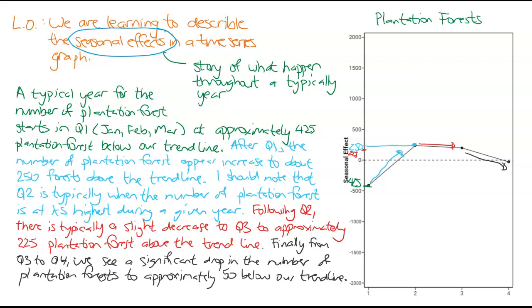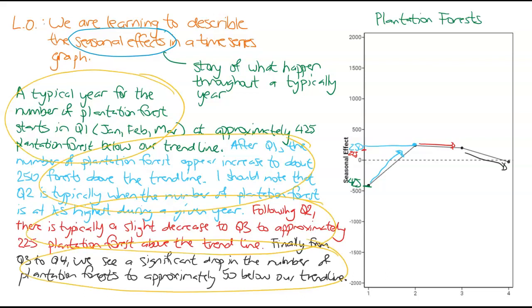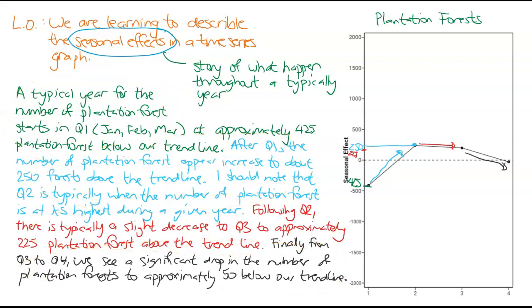So what we've done here is we've got four parts to our conversation. One relates to quarter 1, then quarter 2, then quarter 3, and finally quarter 4. And that narrates what's happening. In time series, it is quite easy to push your answer up from achieve to merit. If you were thinking, how can I improve this answer? I would probably talk about, for my green conversation, that this is when it's at the lowest every year.